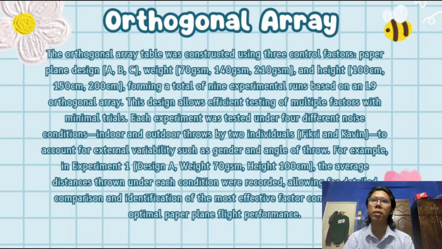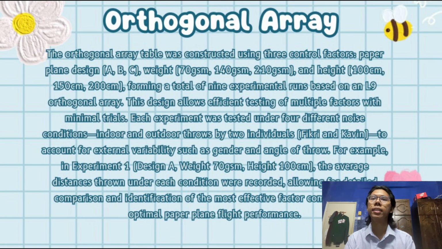The orthogonal array table was constructed using three control factors: paper plane design A, B, C; weight 70 gram, 140 gram, and 210 gram; and height 100 cm, 150 cm, and 200 cm, forming a total of 9 experimental runs based on an L9 orthogonal array. The design allows efficient testing of multiple factors with minimal trials.